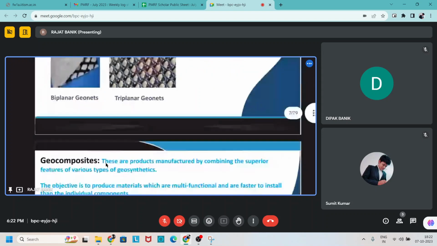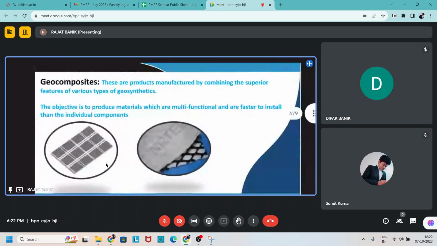And then another type is geocomposites. These are products manufactured by combining the superior features of various types of geosynthetics. The objective is to produce materials which are multifunctional and faster to install than the individual components.